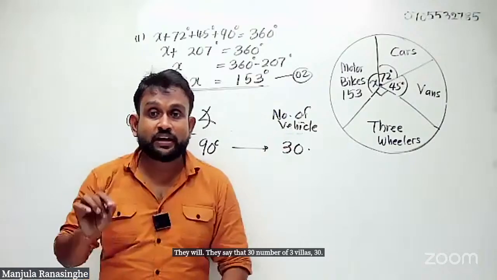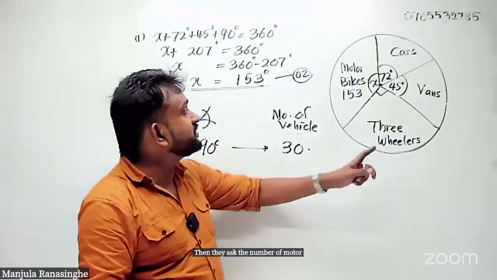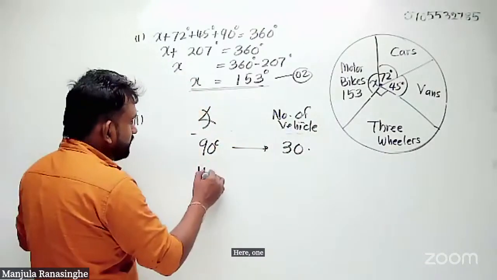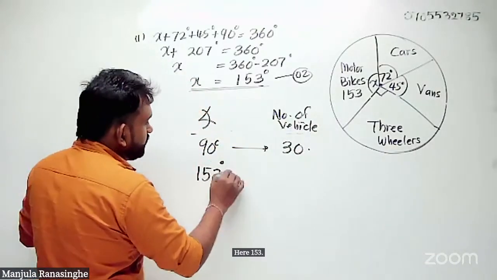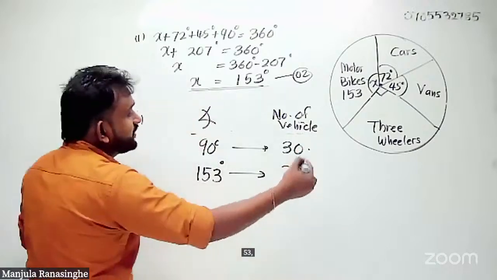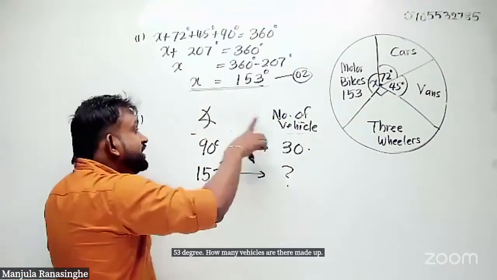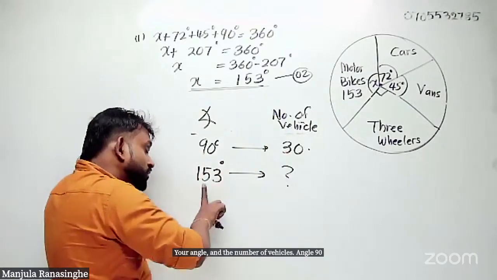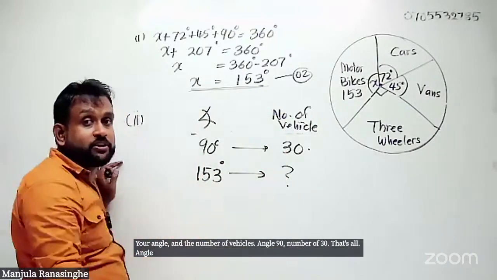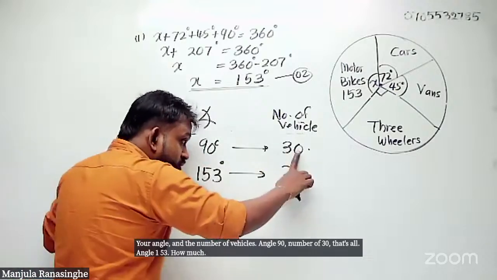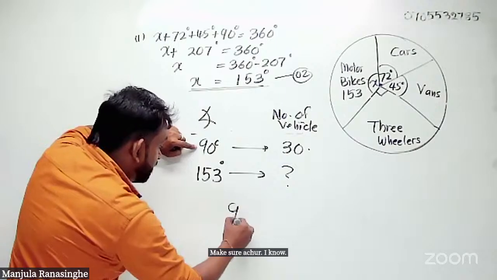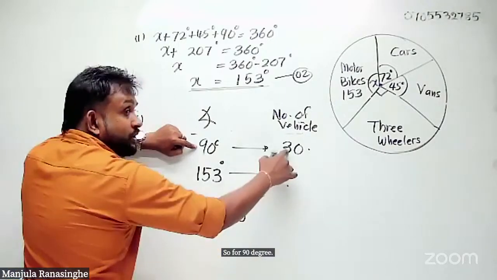Then they ask for the number of motorbikes. The motorbike angle is 153 degrees. How many vehicles are there? For 90 degrees, the number of vehicles is 30.